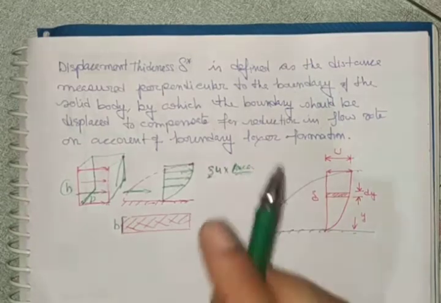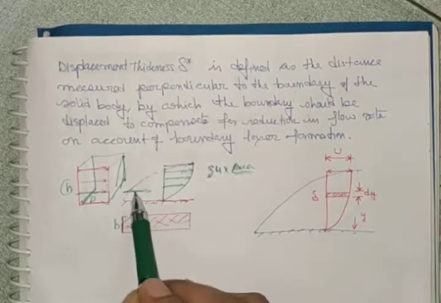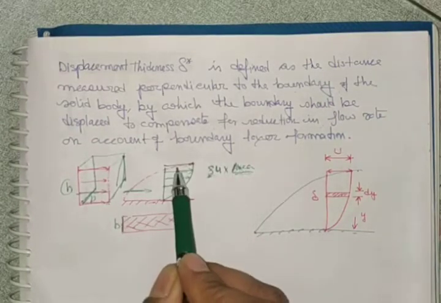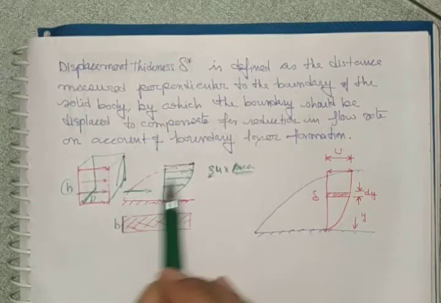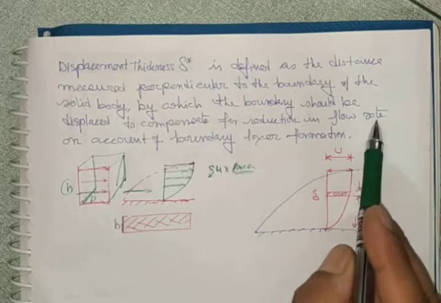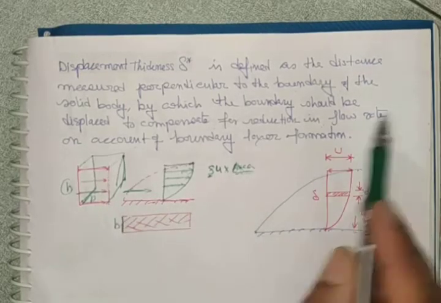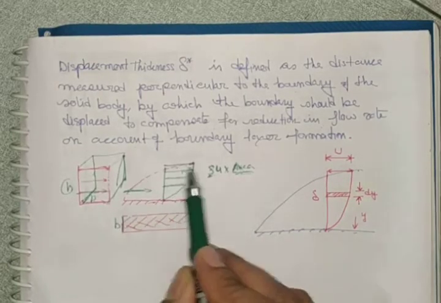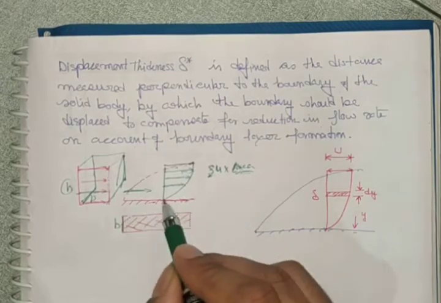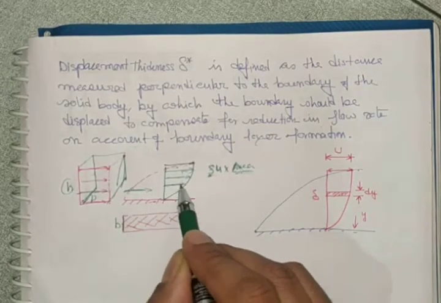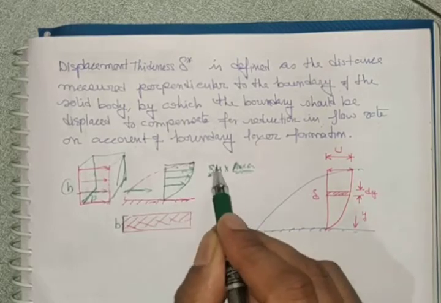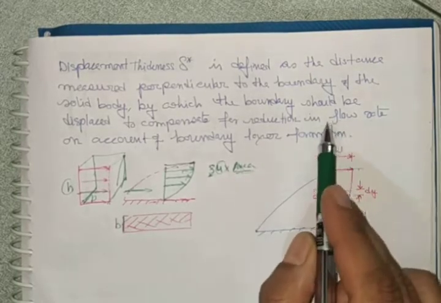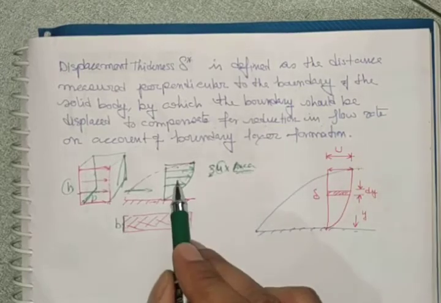So what is the meaning of that? Before formation of the boundary layer, this is, suppose, the rate of flow of mass. Due to the boundary layer, due to the change in velocity due to viscosity, what happened? Your reduction in flow rate occurs.